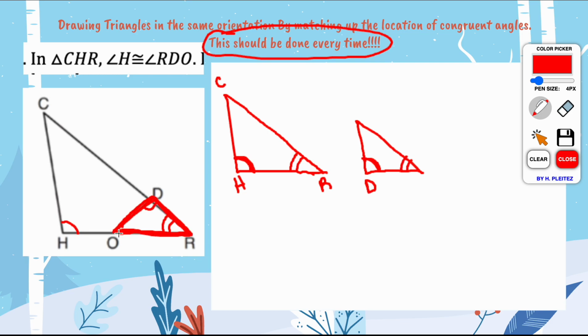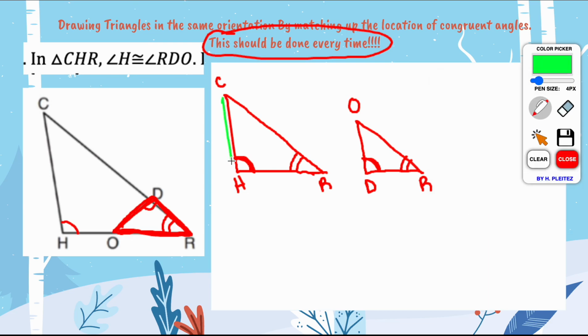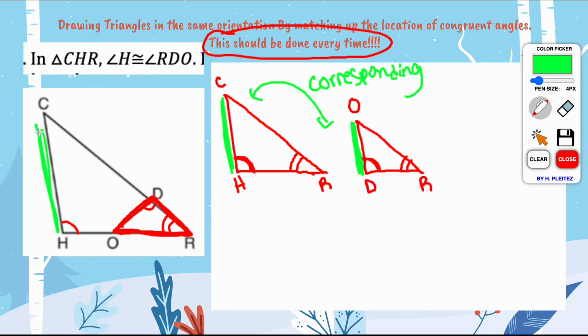In my smaller triangle, that double arc is R, and then we have angle O, last but not least. So again, this helps you identify your corresponding parts. For example, CH: clearly, we can see that CH and OD are in the same general location, so we know that these are corresponding. However, if you look at your general diagram and you look at CH and OD, that might not be as obvious.